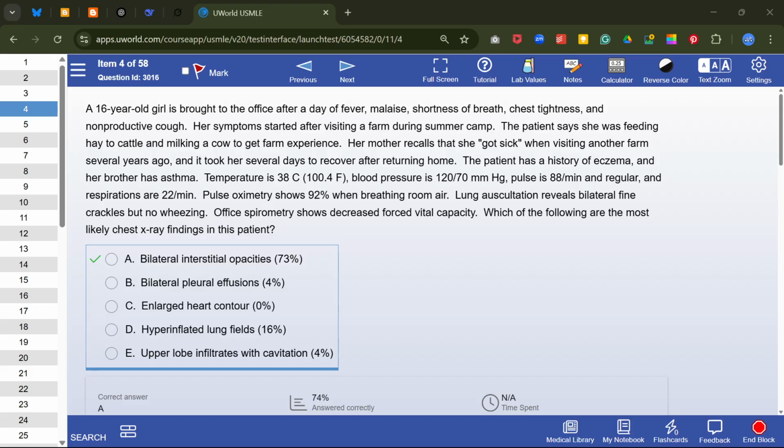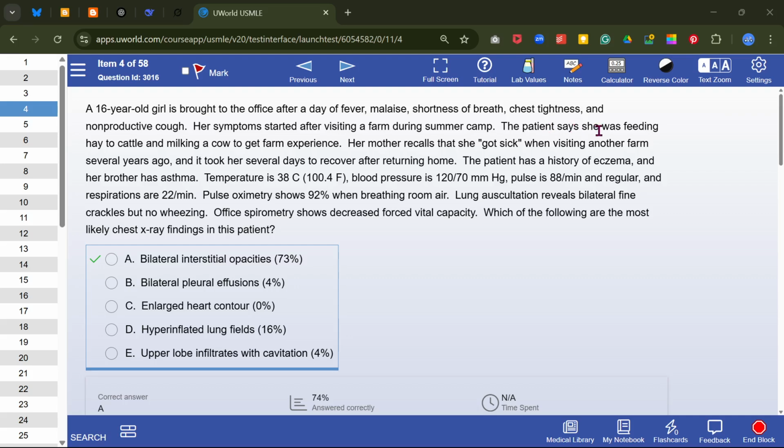Now, if we read this question: a 16-year-old girl is brought to the office after a day of fever, malaise, shortness of breath, chest tightness, and productive cough. Her symptoms started after visiting a farm during summer camp.